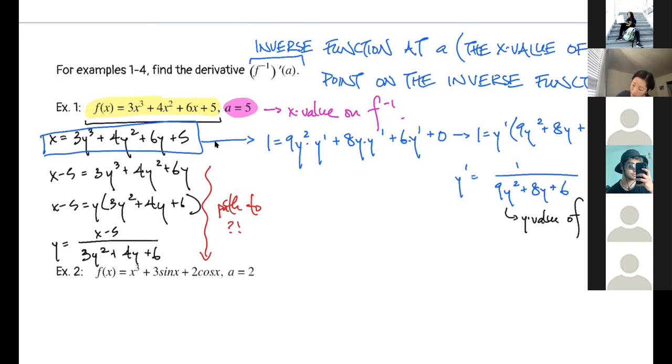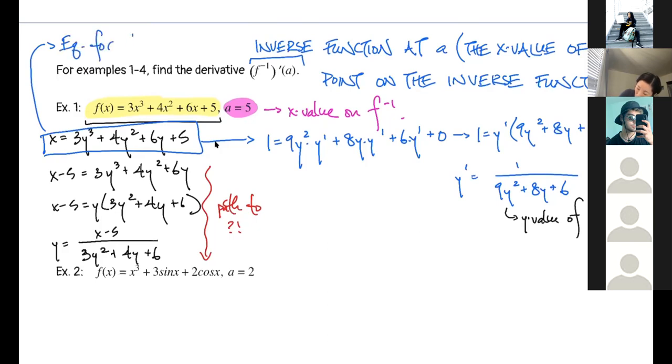Well, this that we put a box around in the beginning, this is horrible note-taking strategy, but this function is the equation for the inverse function.